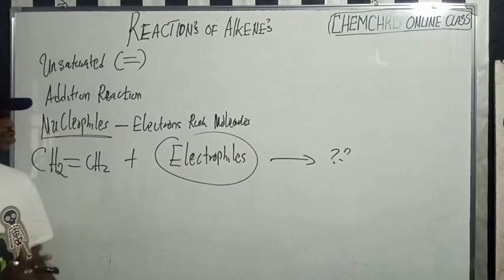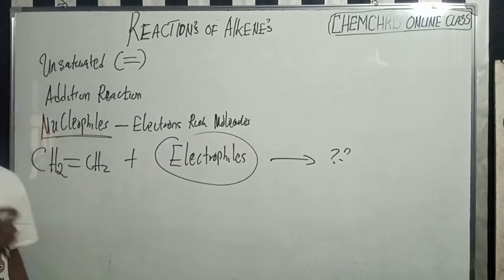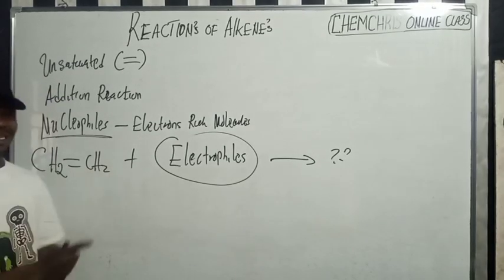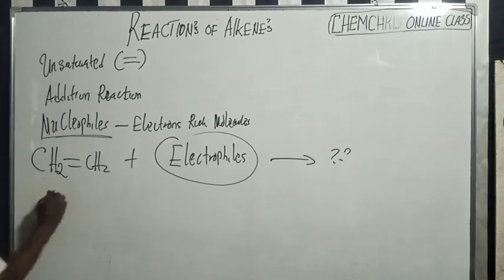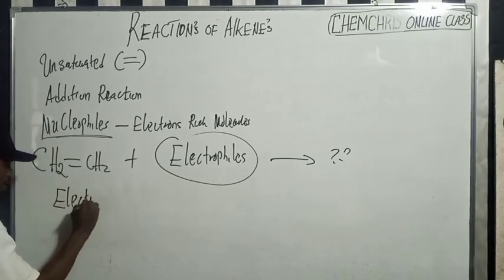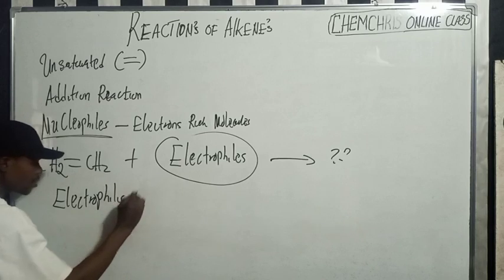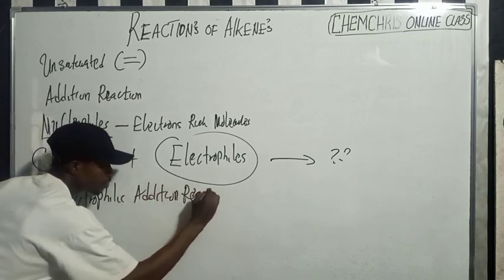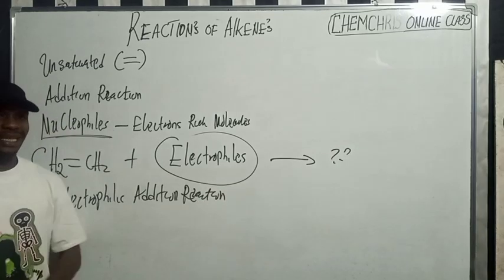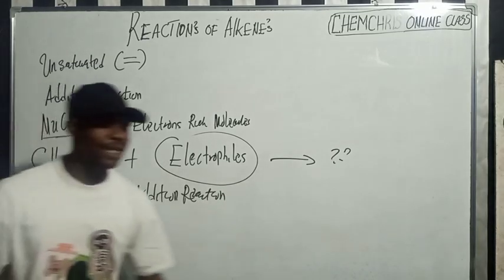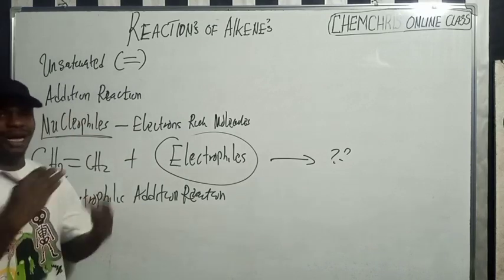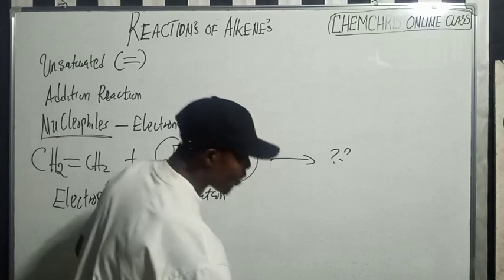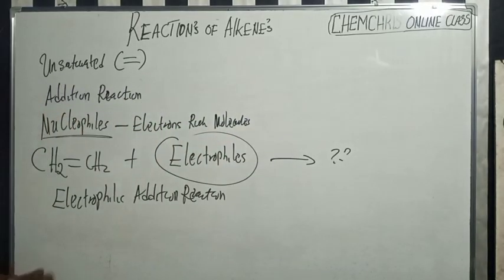So the typical reaction which alkenes undergo is not just an addition reaction, it's called an electrophilic addition reaction. You see this in the exam. You are adding electrophiles to the alkenes to get the product. Do you get that?